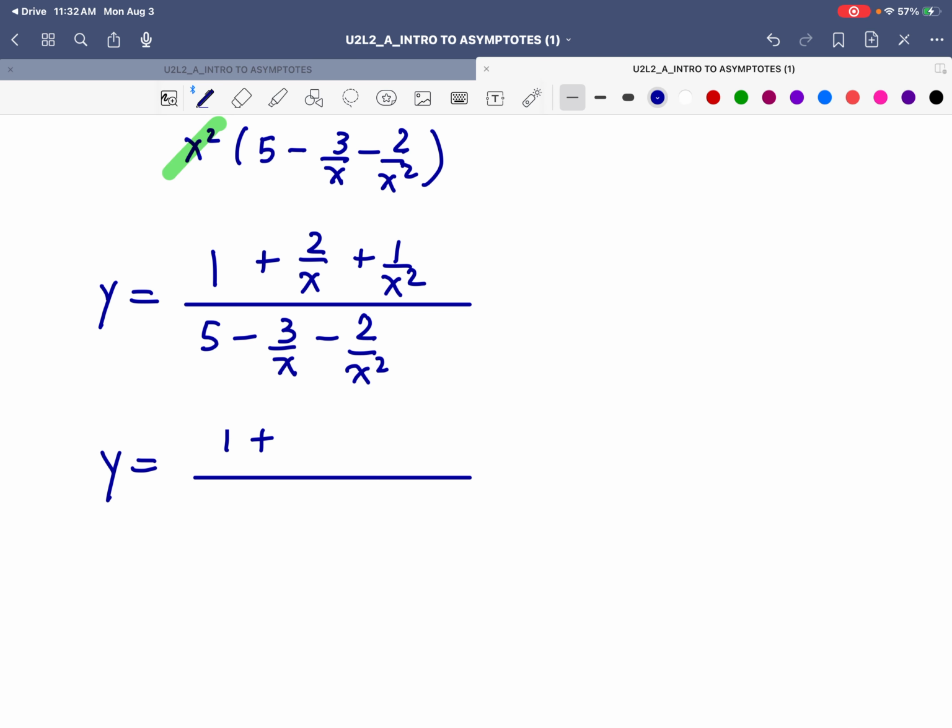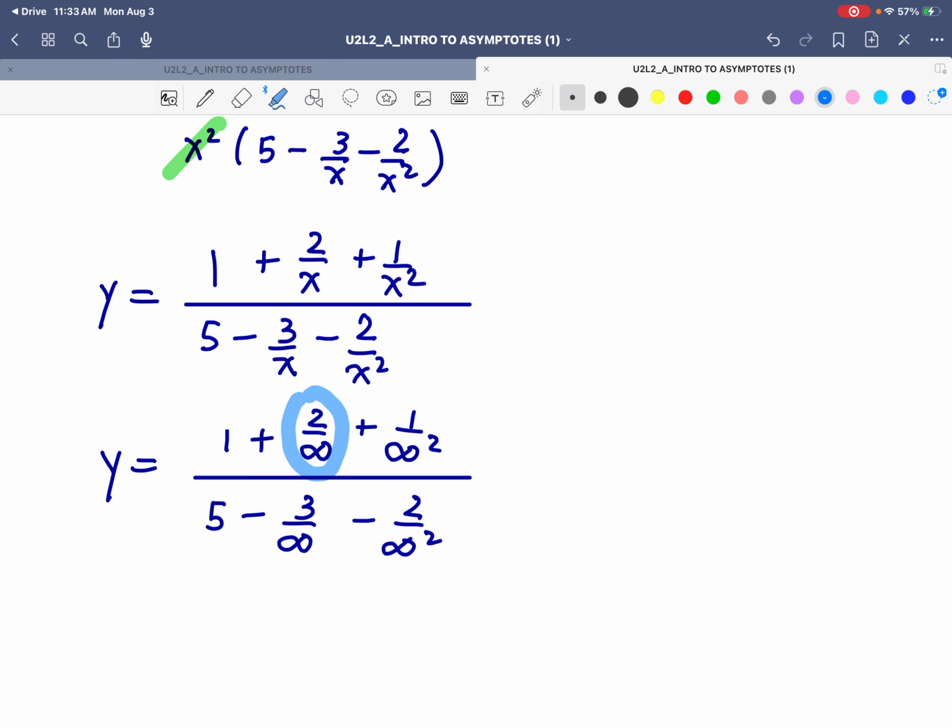So 1 plus 2 over infinity plus 1 over infinity squared, over 5 minus 3 over infinity minus 2 over infinity squared. So notice how in this case now we're going to have 2 over infinity is a 0, 3 over infinity is a 0, 1 over infinity squared is a 0, 2 over infinity squared is a 0.